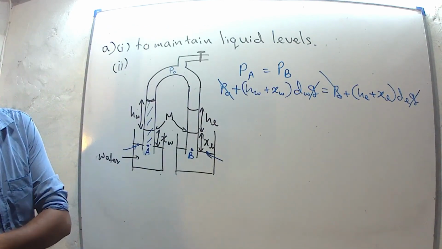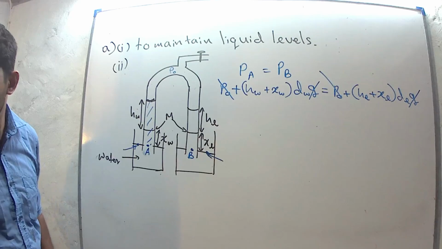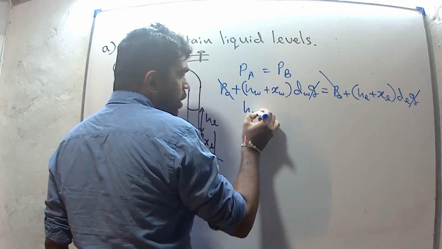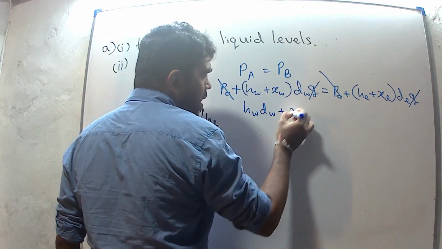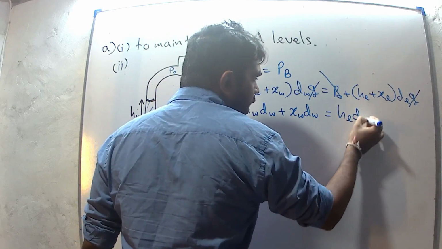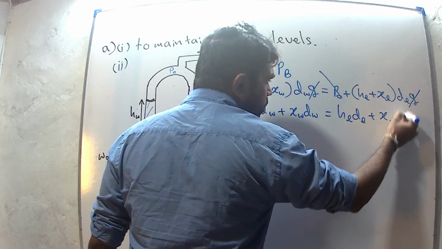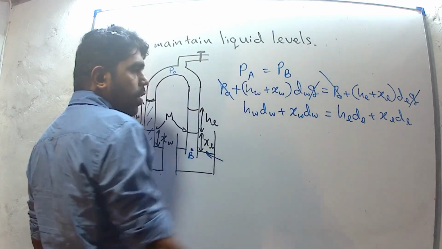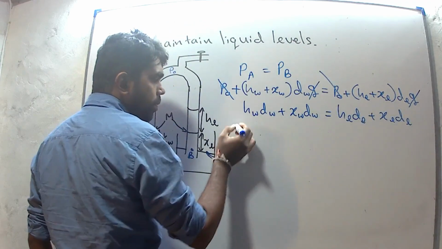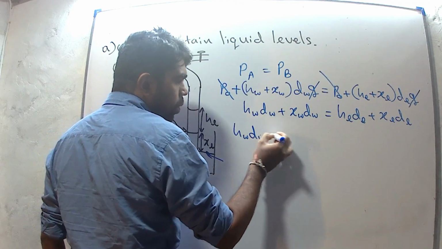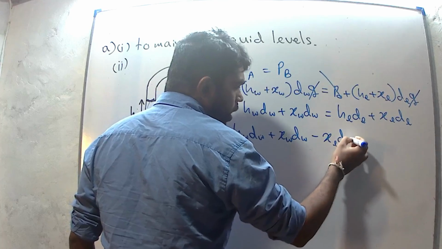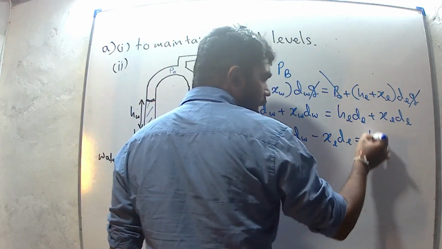Now we have HL as the subject. We have to write an expression for HL. I will expand the bracket. HW dW plus XW dW equals HL dL plus XL dL. Now, to make HL the subject, I will bring this term to the left hand side. HW dW plus XW dW minus XL dL equals HL dL.